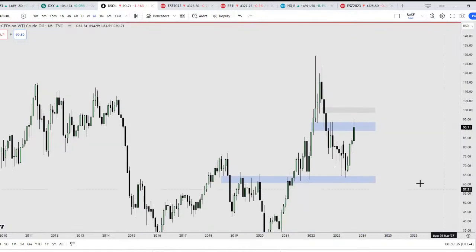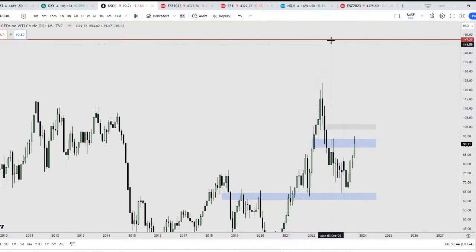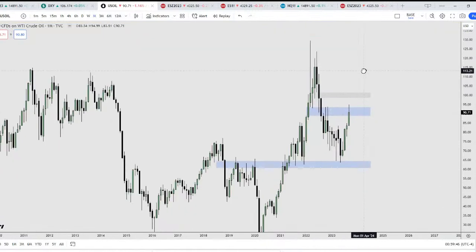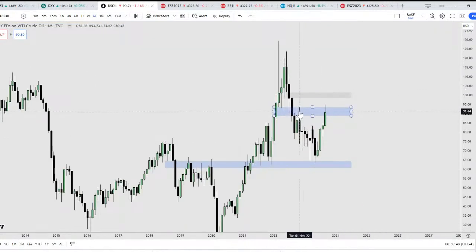Okay. So any closure on a monthly basis above this BPR here, then I think we're good to go for this high here and then this highs here, right? I think it would be next month or November because we do have an order block next 2 months. Okay, within 2 months, we have an order block right here.